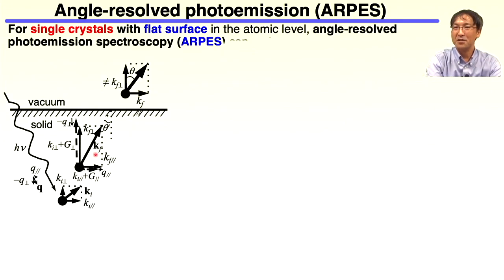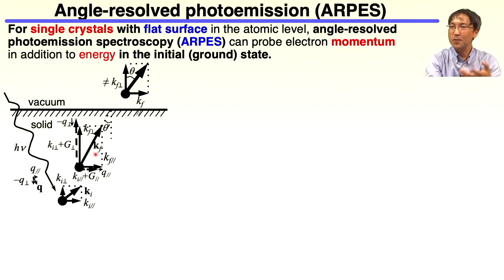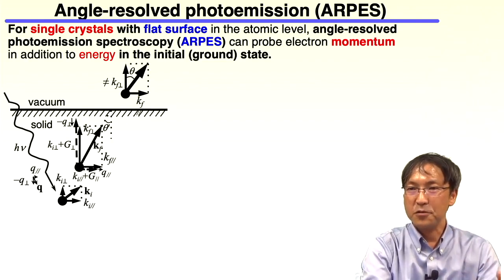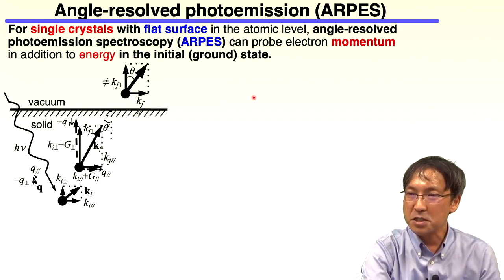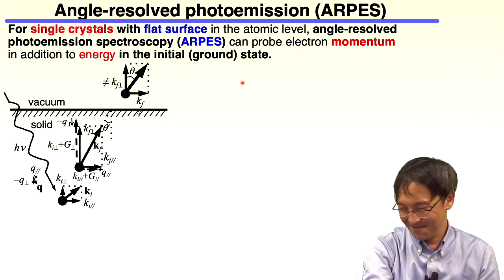From this slide, I talk about angle-resolved photoemission spectroscopy, widely called ARPES, which is powerful to probe the detailed electronic structure of the valence band as well as the quasi-particle structure in the vicinity of the Fermi level.